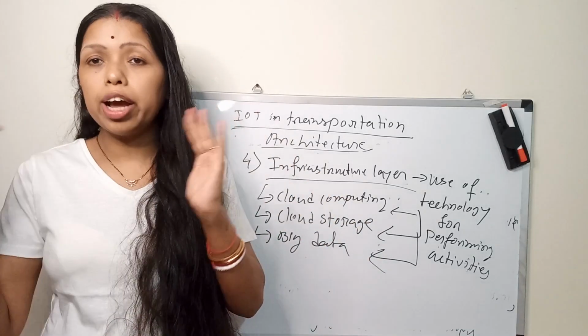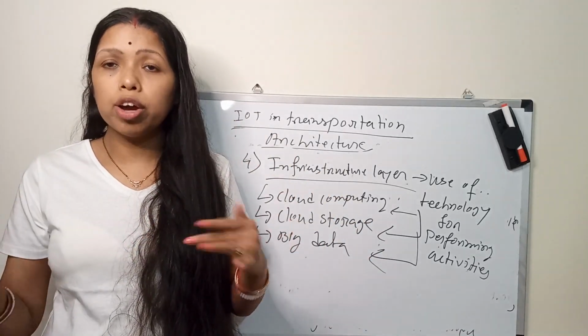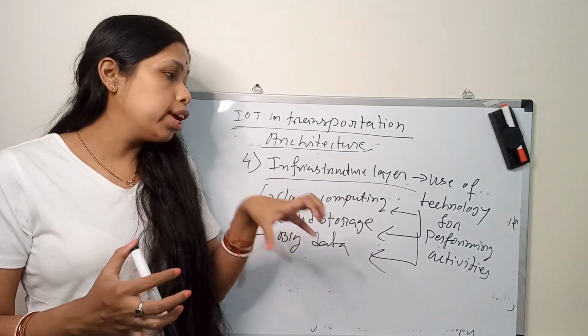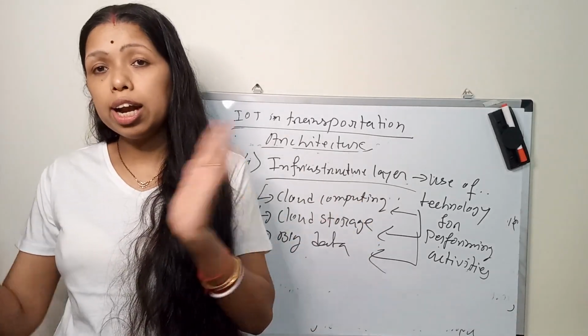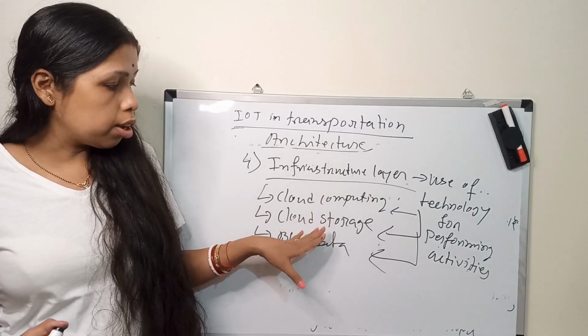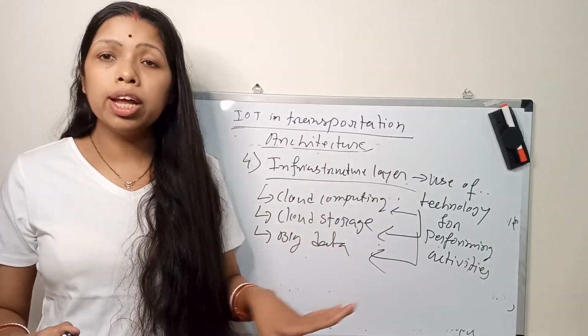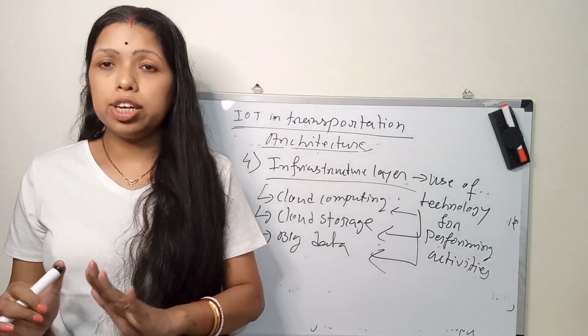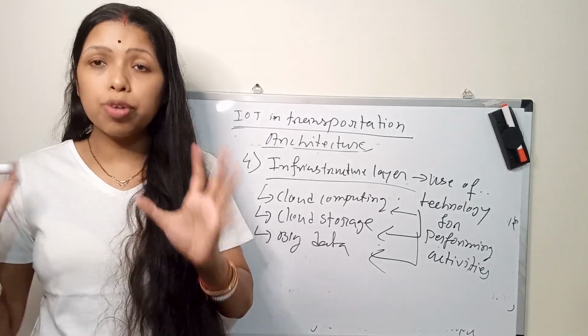For observing or analyzing in a proper way, or for predicting something, we need some technology where we can store the entire data or visualize it. By using cloud storage or big data, we can store lots of data, and analyze or visualize it in a proper way.